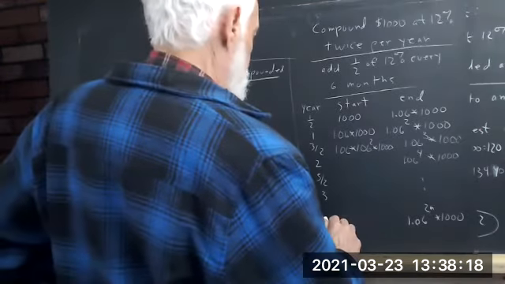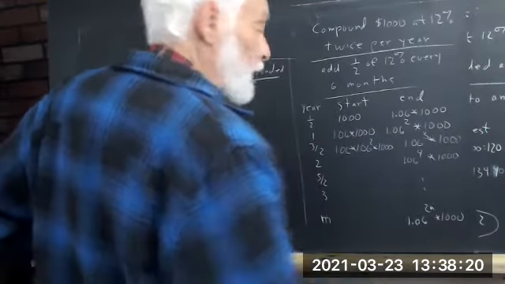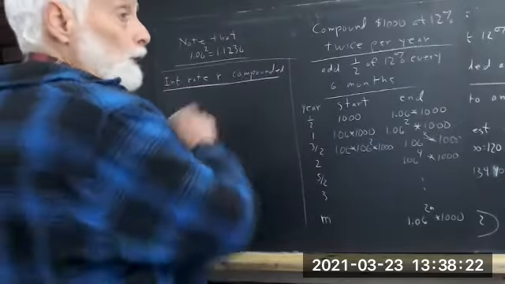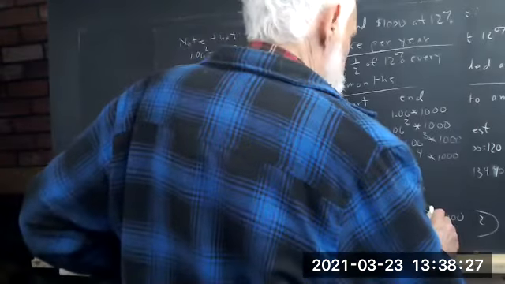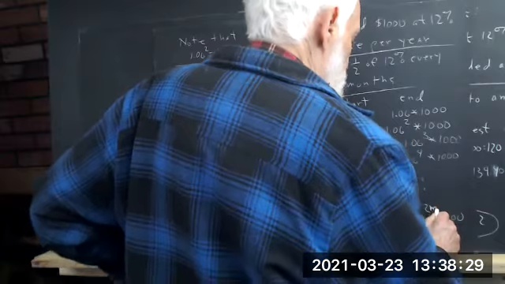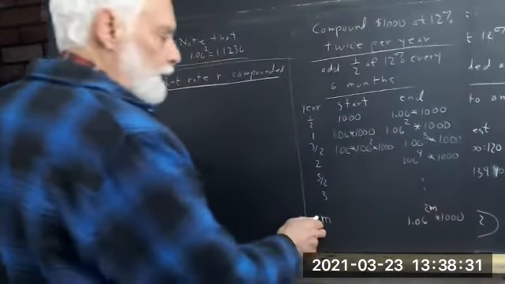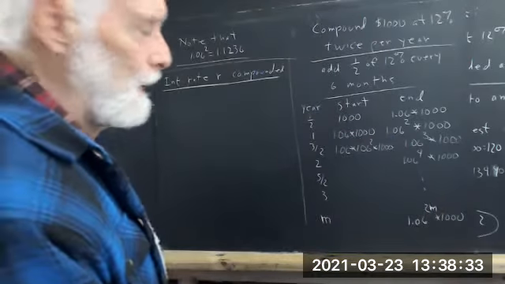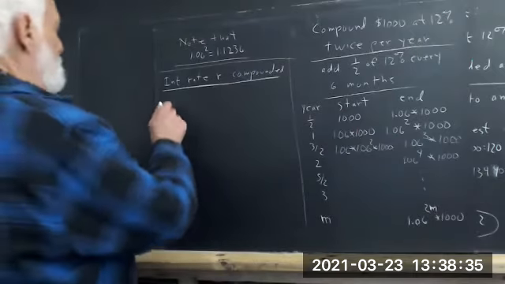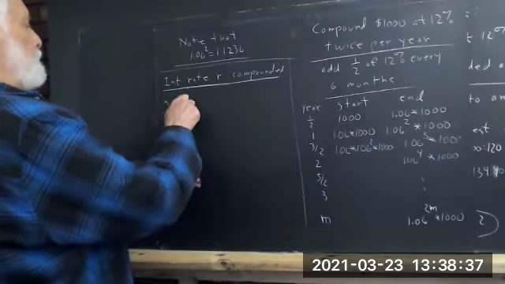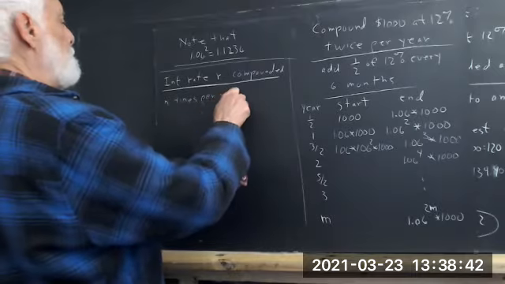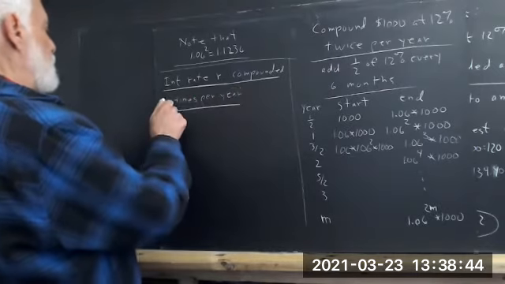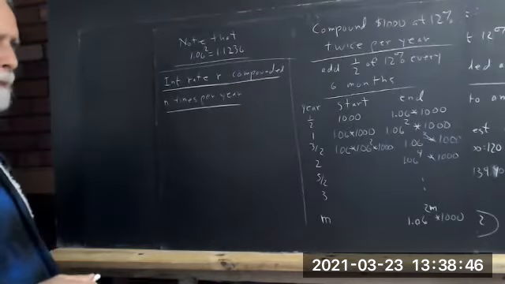I naturally use N here. I'm going to change my N to an M, just so I can use N over here for the number of times you compound it. So now we don't have N over here, we have M. We compound N times per year.